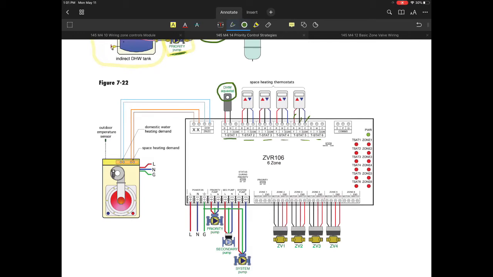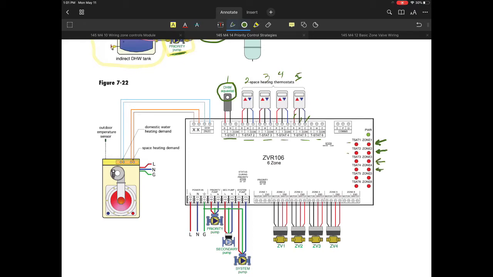And of course, the designated domestic hot water demand input is designated by this particular manufacturer of its zoning relay system as needing to be on T-stat 1. Now, when we are doing this, that allows us to have some diagnostics.